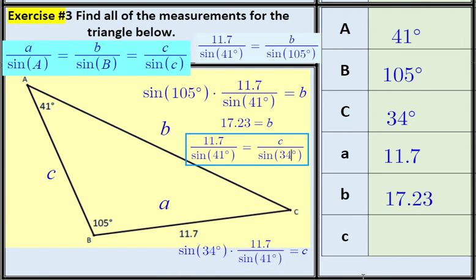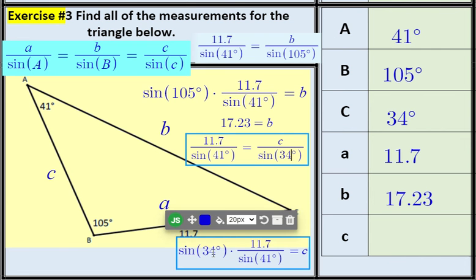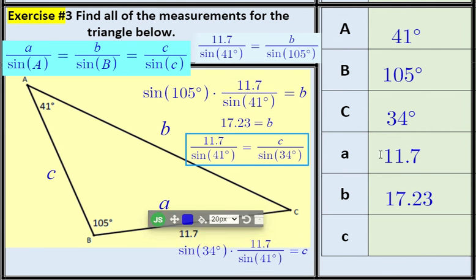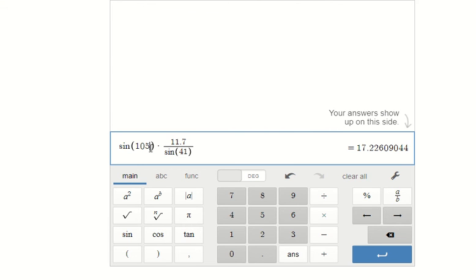So now, when I go back to the Desmos calculator, all I have to change is the 105 that we had up here to 34 down here for my other angle. So the 105 becomes 34.